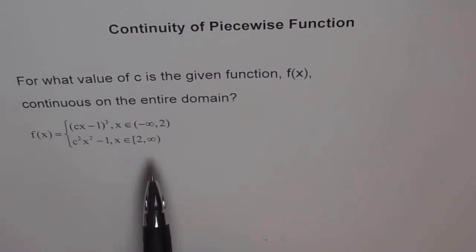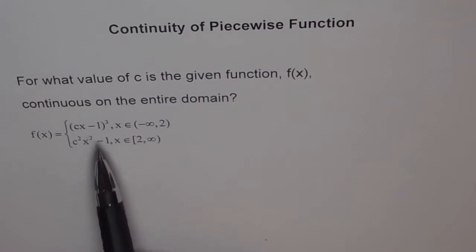The only place where this could be discontinuous is where the piecewise functions are joined together, and that is always the place where a piecewise function could be discontinuous, correct? Especially when all the pieces are polynomials, there are no other places.